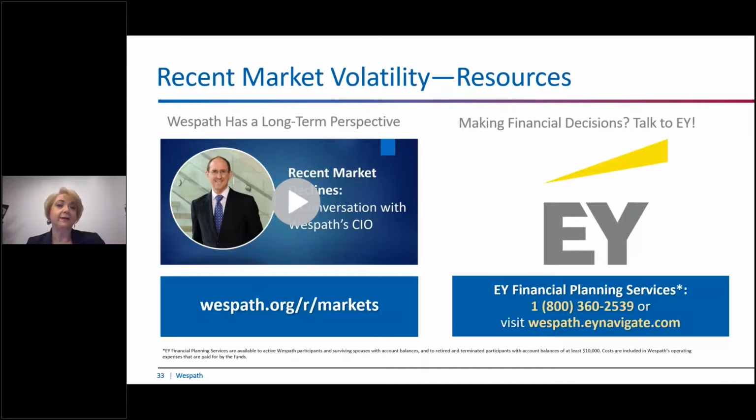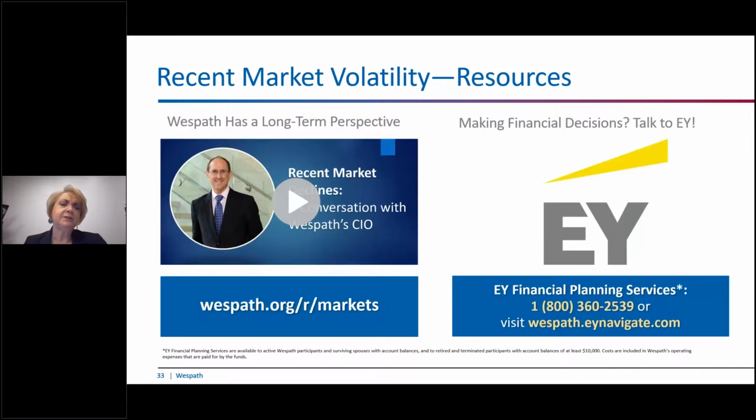So again, now can be considered a good time to go out and buy some of those stocks or bonds. But as we know, the markets have come down a little bit, so the prices in your 401k or your 403b plans can look maybe a little bit lower. But again, we're in this for the long term, and things do potentially turn around.